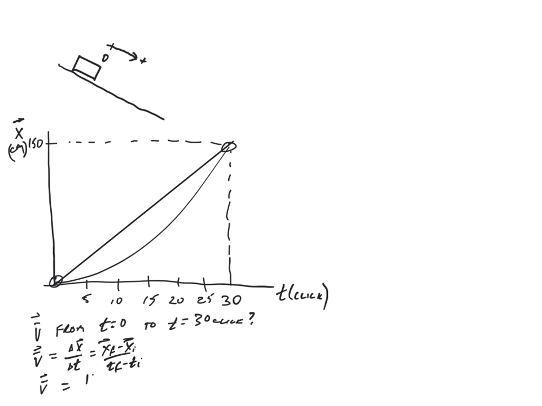Average velocity is going to be 150 centimeters divided by 30 clicks, or 5 centimeters per click. And remember, what that means is that for every click of time, the position of the puck changes by 5 centimeters. Now that's kind of weird because, does it?